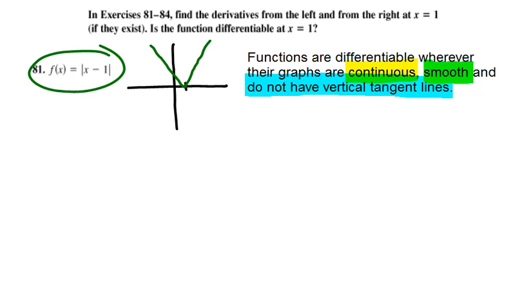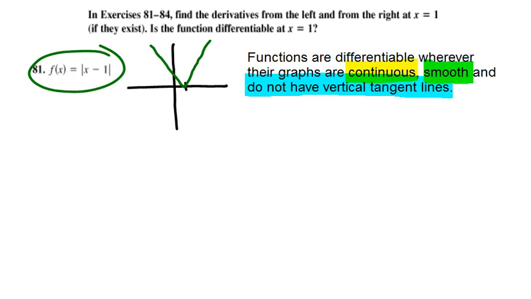Now the third aspect is that functions cannot have vertical tangent lines. Well, obviously functions can have vertical tangent lines, but they won't be differentiable at those points. So you could very conceivably have a function that is continuous, is smooth, and yet has a vertical tangent line.